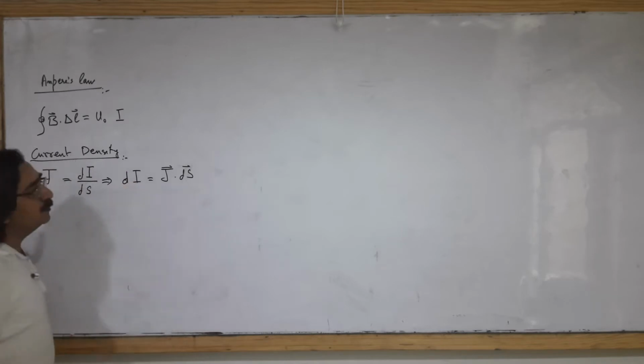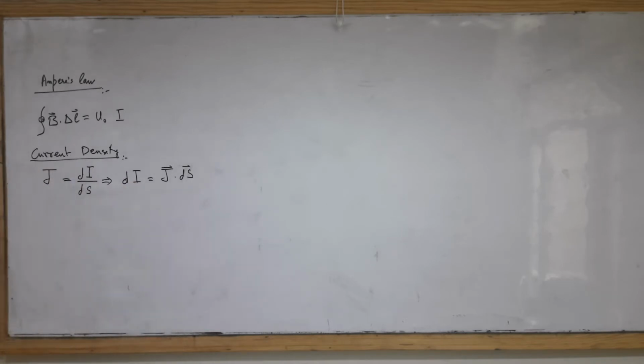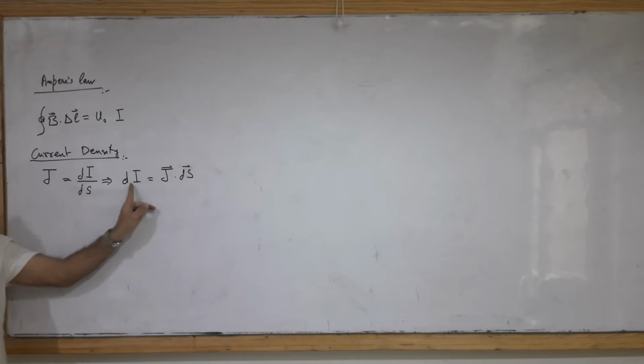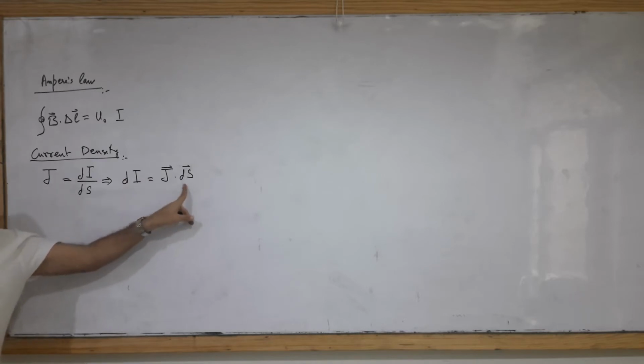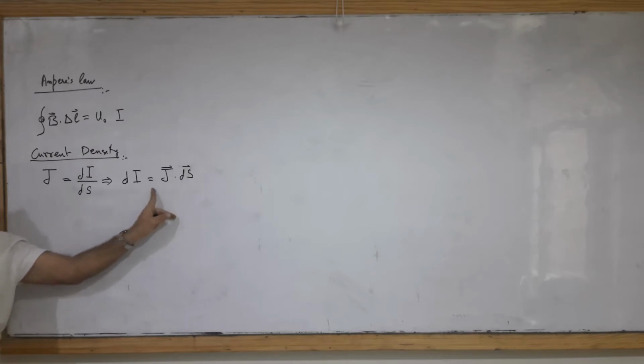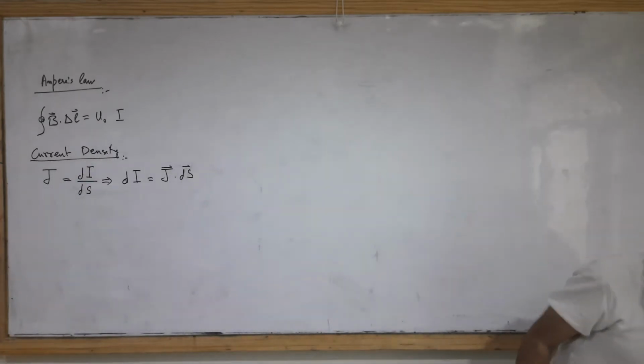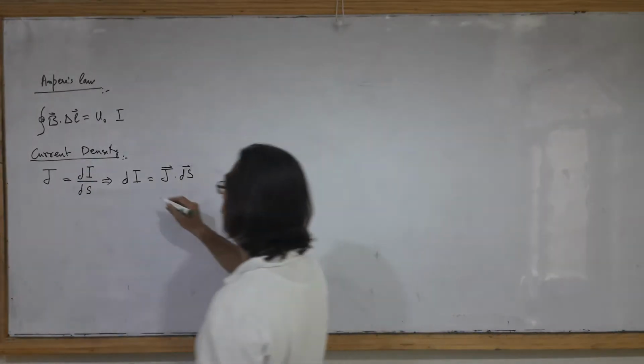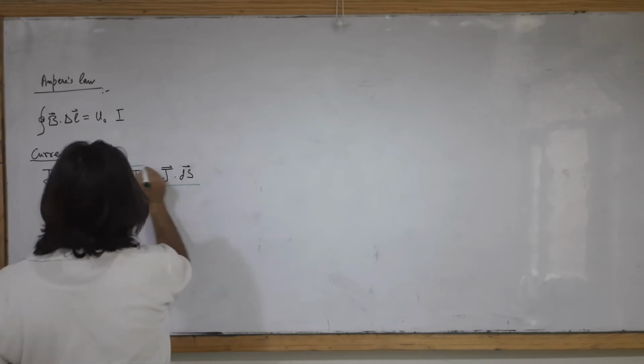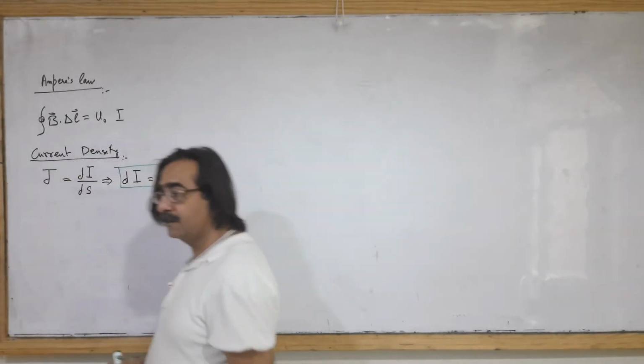Current is a scalar quantity, current density is a vector quantity, and area is also a vector quantity.